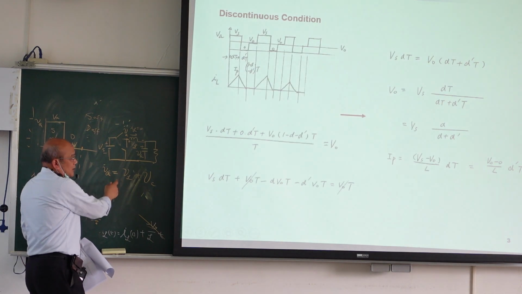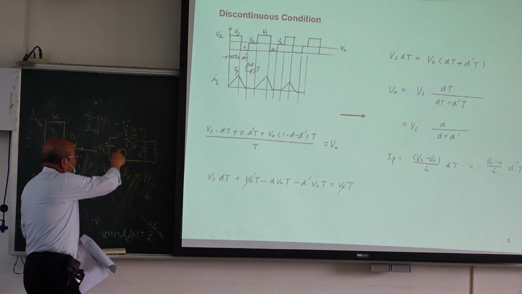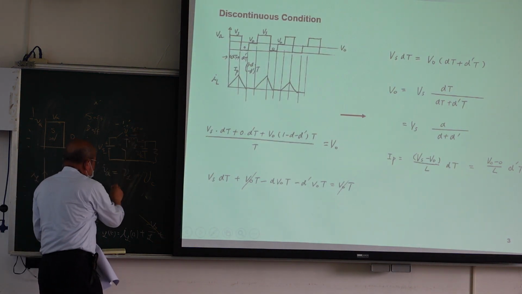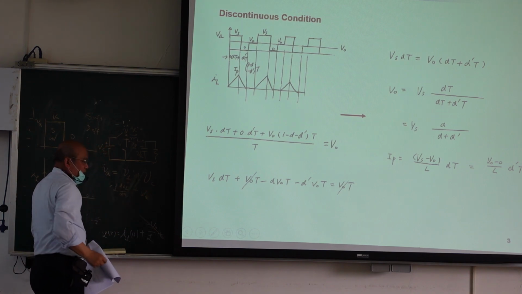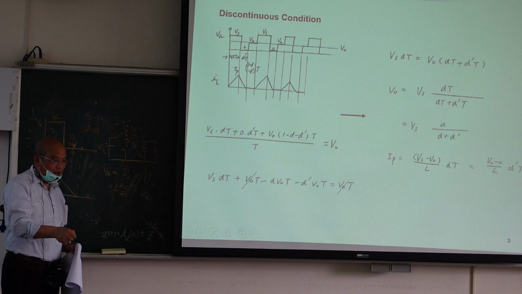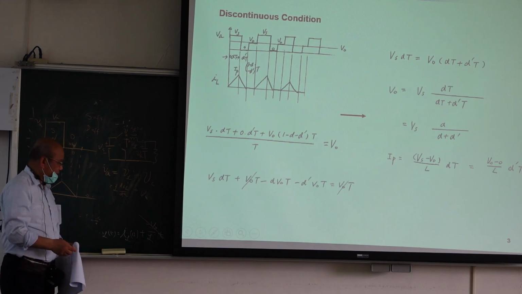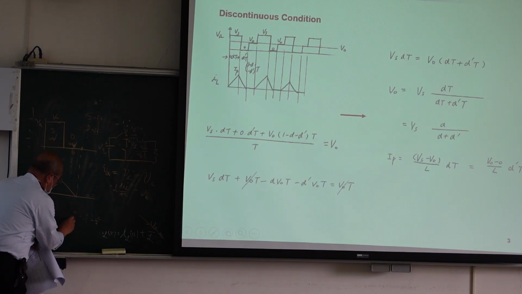So what is VL? Now IL is 0, so this is L dIL/dt plus VC. But IL is 0. What is the differential of 0?